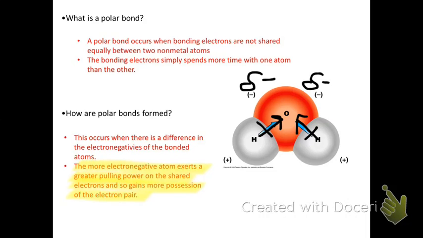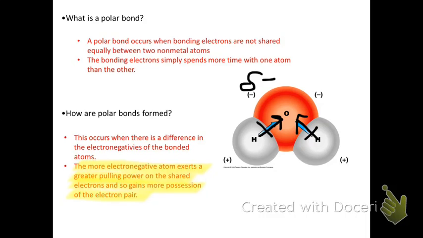Actually, I'm only going to write one of these. This sign that I wrote is called a delta sign, and that delta sign means partial. And so it's only going to be partially negative charged.